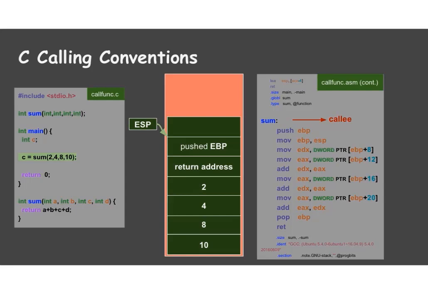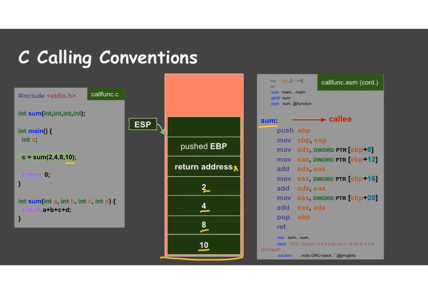Okay, at this point, let's focus on the implementation of the function only and see what happened to our stack. As you can see in here, we said that the last element is pushed first. That's the reason we have 10 here, 8, 4, 2. So then we call the function. The return address is going to be stored in here.